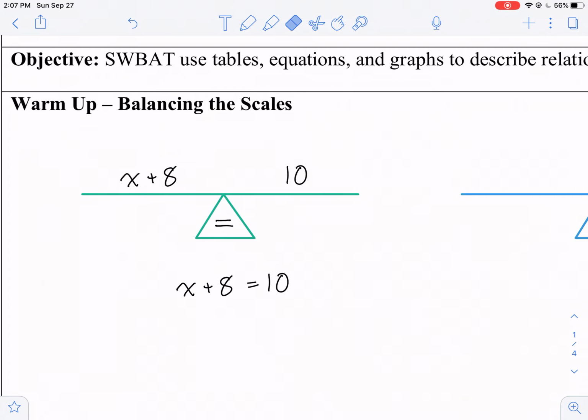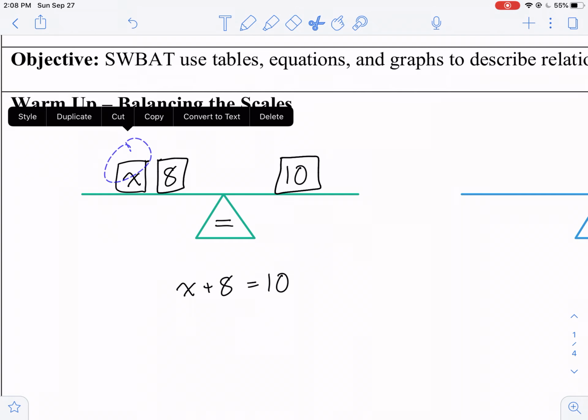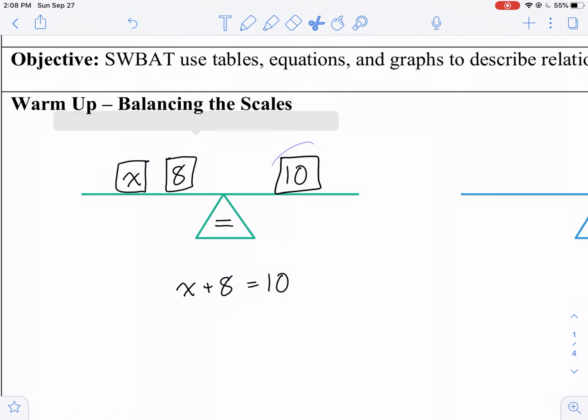So imagine we had some sort of box, right? We have a box worth 10, however that is. We have another box that weighs 8, and we have another box that weighs x. And we know that when we put this x box with our 8 box, that balances with our 10 box.